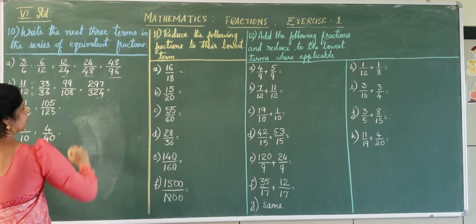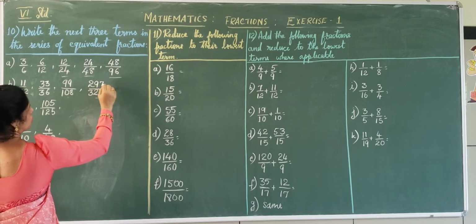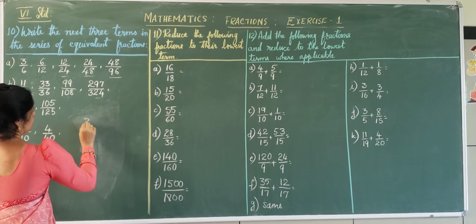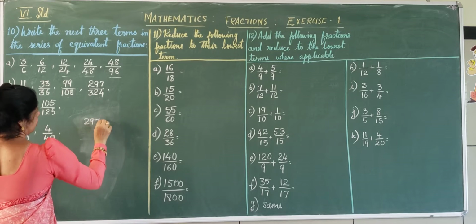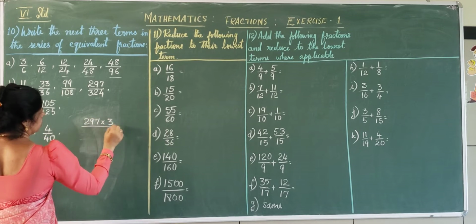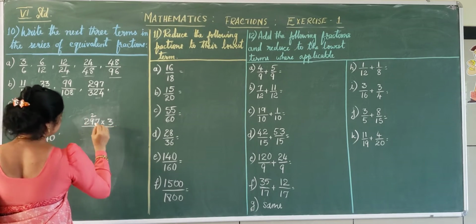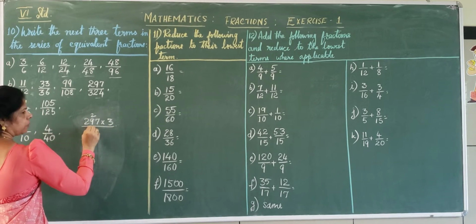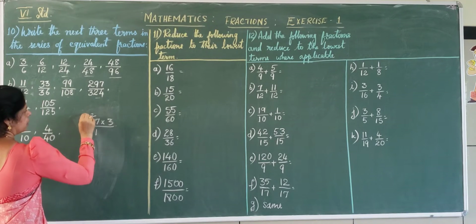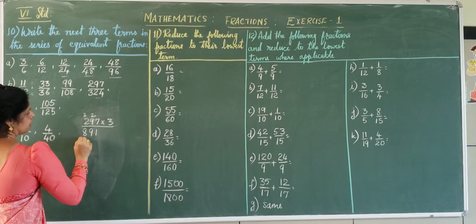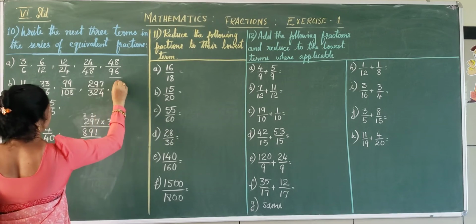Now we are going to the third one. Again you have to multiply this by 3. 3 is the common factor for all these. So 297 into 3. 3 7s are 21. Carry 2. 3 9s are 27 plus 2, 29. Carry 2. 3 2s are 6 plus 2 is 8. So it is 891.